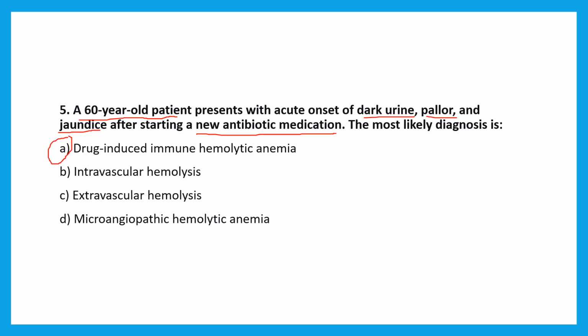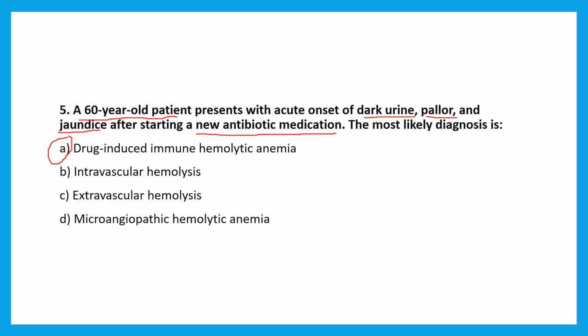So there is a temporal relationship, we would say, between starting a new drug and the onset of symptoms such as the dark urine and pallor. The dark urine indicates hemoglobinuria, right? Which is actually the hallmark of drug-induced hemolytic anemia.